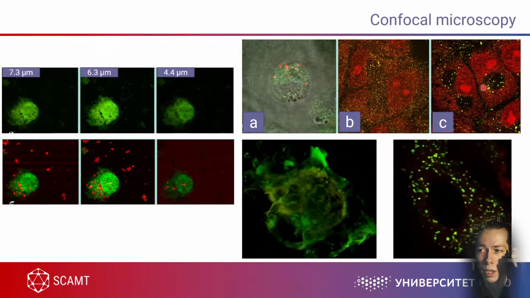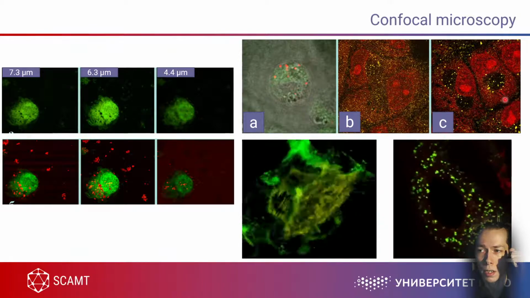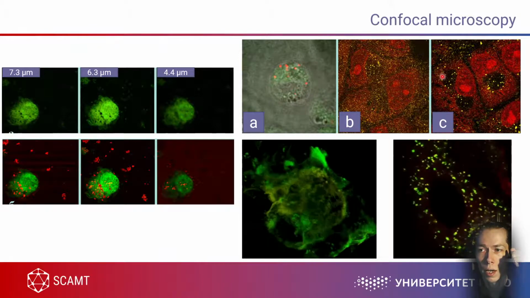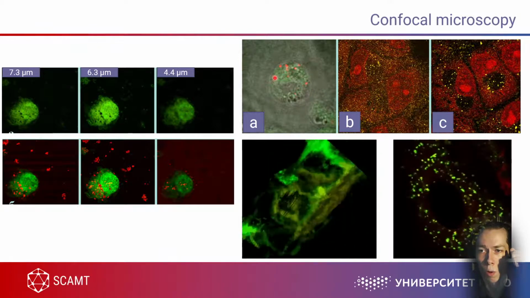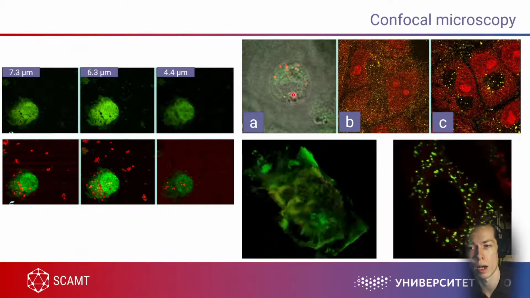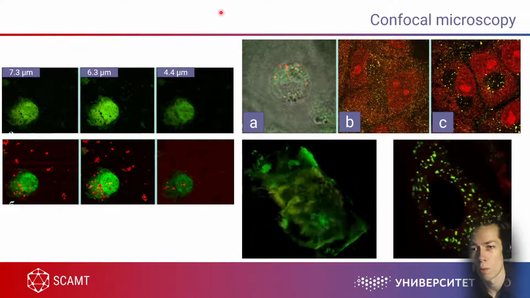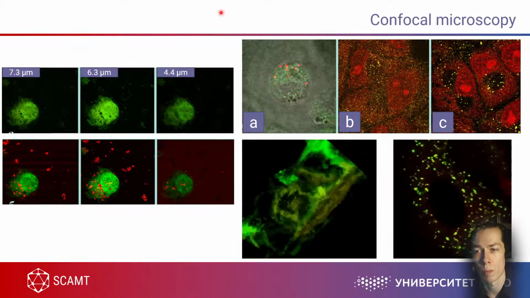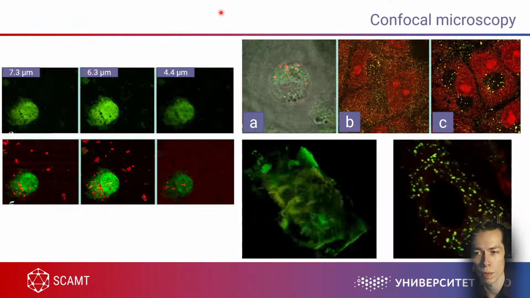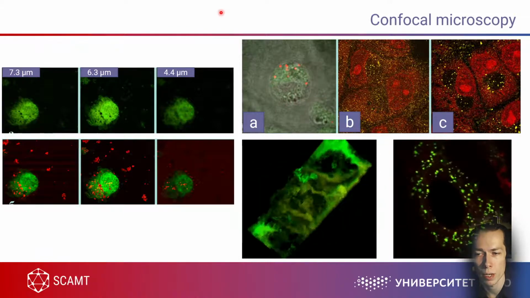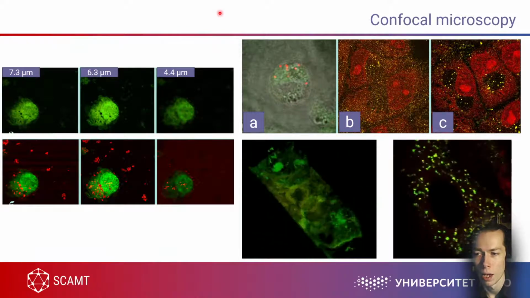For example, here we observe a lot of nanoparticles in very big endosomes. It's gold nanoparticles inside unicellular algae, for example. So the confocal microscope is one of the most powerful instruments to observe colocalization of nanoparticles inside the cell.